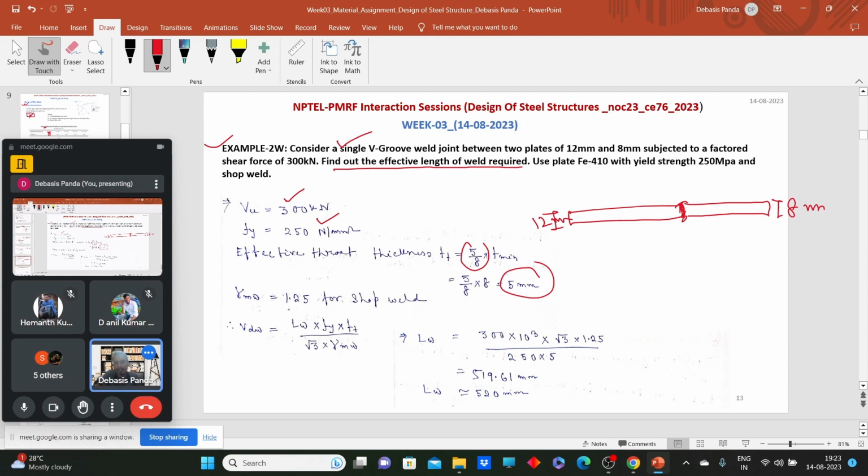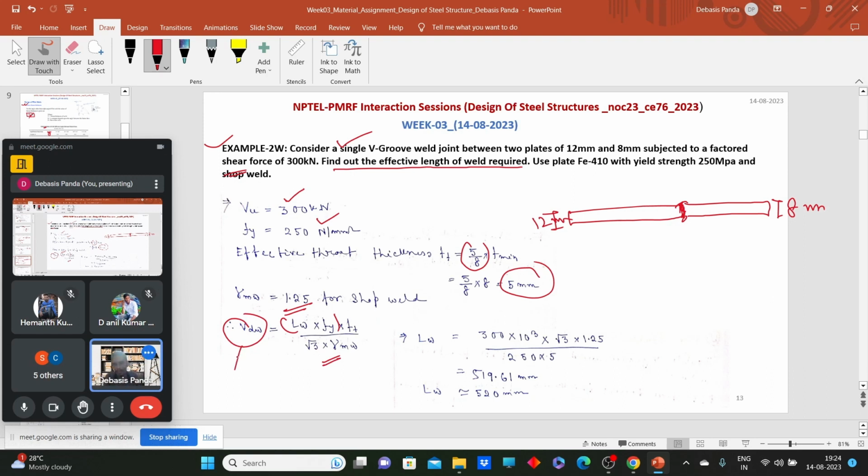This is a shop weld, so the partial factor of safety is 1.25. So the design strength will be the effective area and throat thickness, times Fy divided by root 3, divided by the partial factor of safety. Now equate these two things.